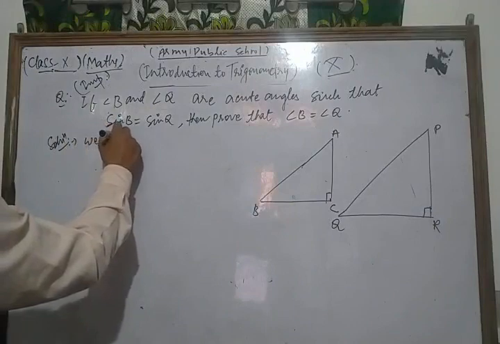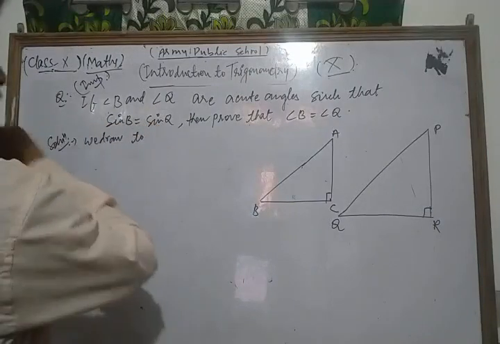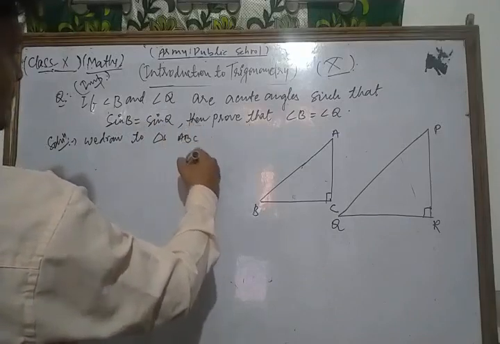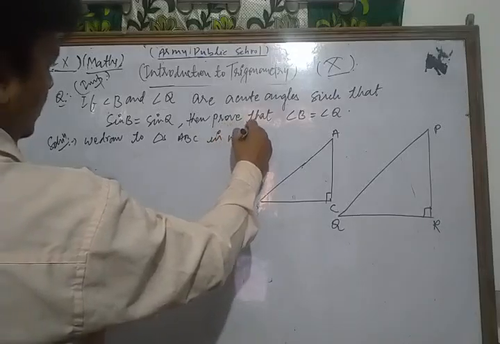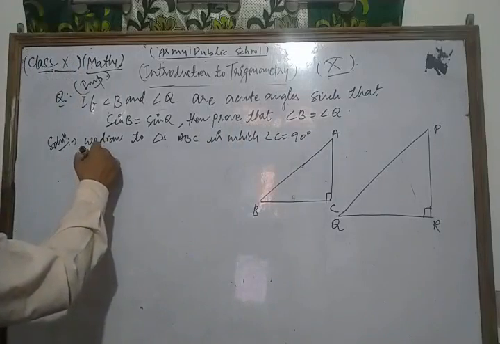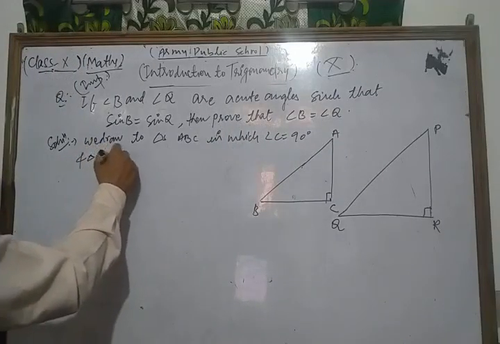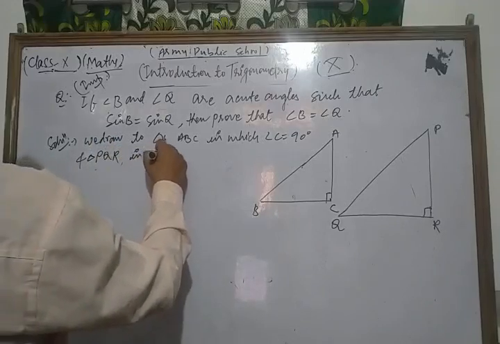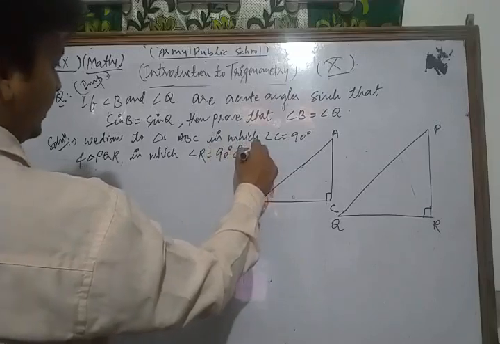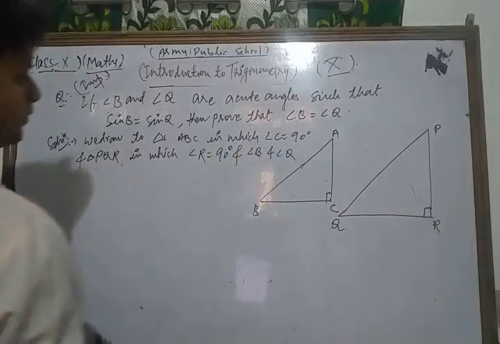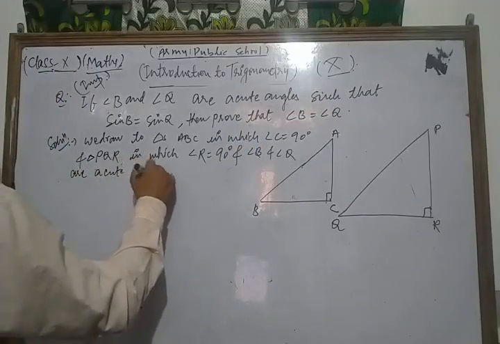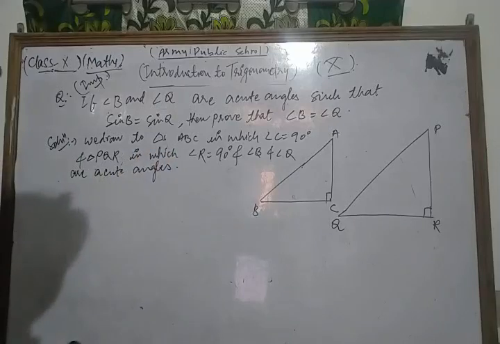We draw two triangles: triangle ABC in which angle C is equal to 90 degrees, and triangle PQR in which angle R is equal to 90 degrees, and angle B and angle Q are what? Acute angles, meaning less than 90. Is it clear, everyone?